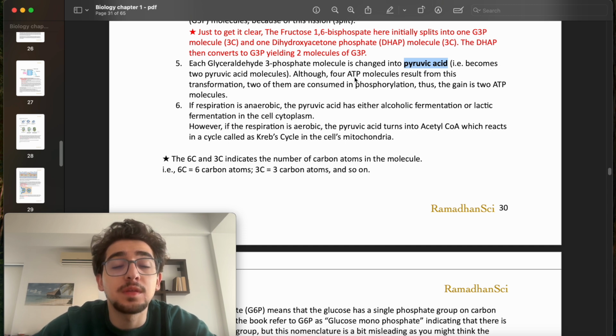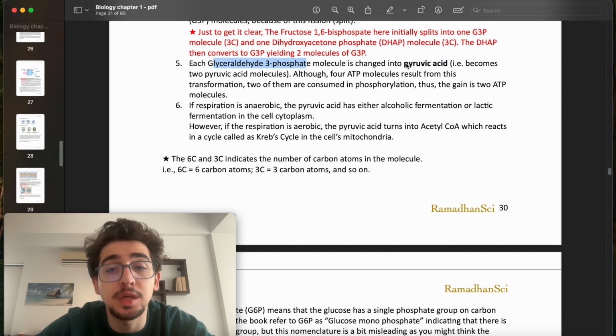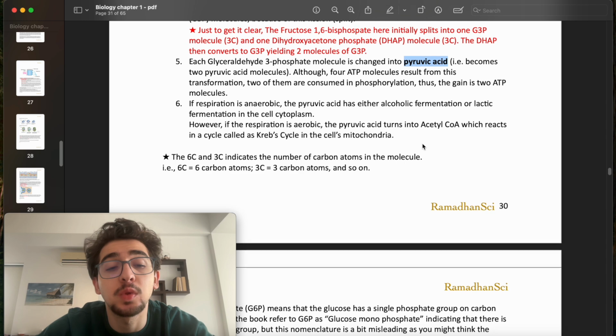The conversion of G3P, glyceraldehyde 3-phosphate, into pyruvic acid will produce 4 ATP, 4 molecules of ATP.